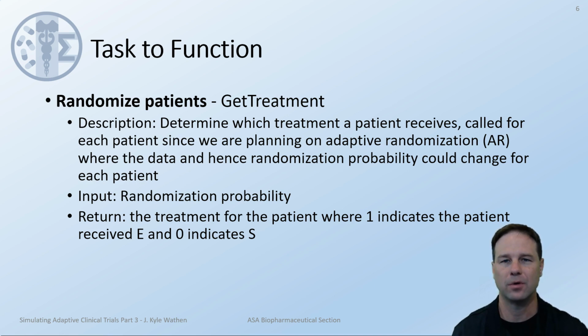We'd like to call it before each patient, so if we were doing something like adaptive randomization, more particularly outcome adaptive randomization, you would have the data, be able to send it in and get the probability for randomizing a patient to each treatment. So the input that it would require would be the randomization probability, and it would return the treatment that the patient receives, where 1 would indicate that the patient received E, the experimental, and 0 that they received the standard of care.